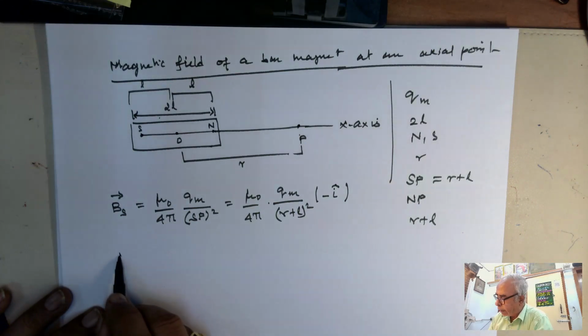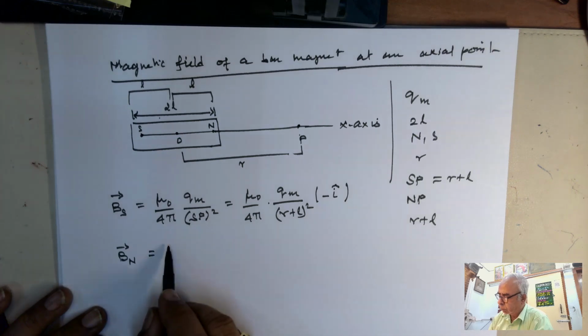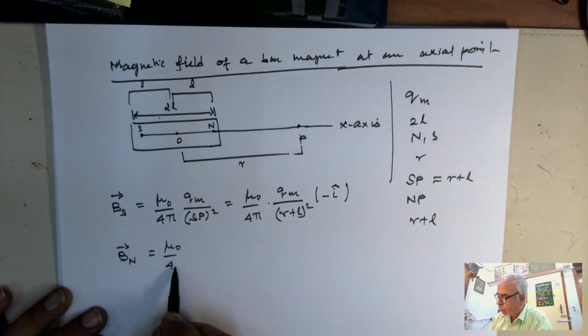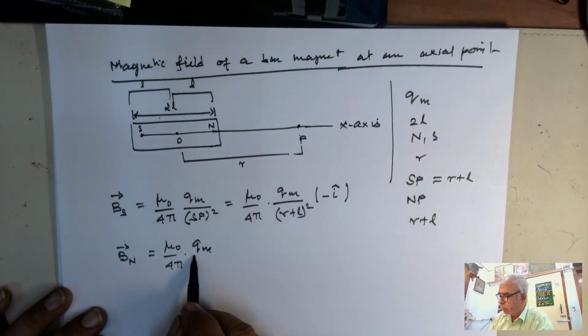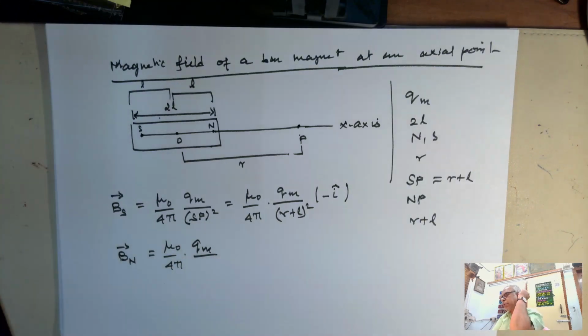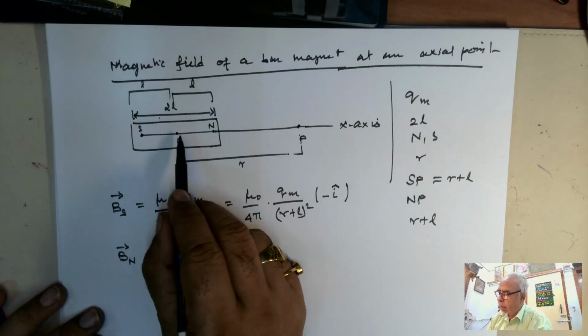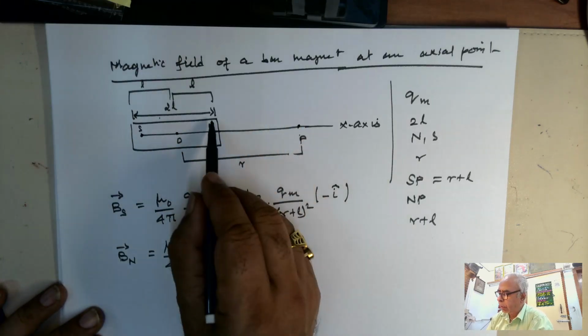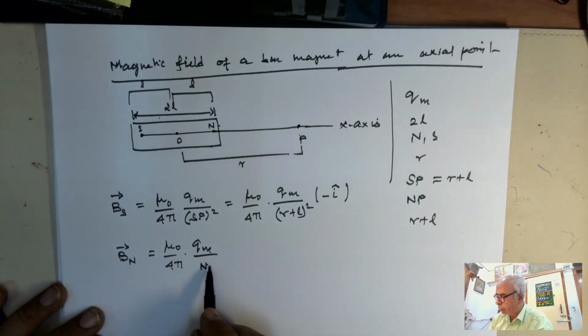Similarly, let us develop the magnetic field due to the north pole that is experienced at P, a vector. So mu naught divided by 4 pi into Qm, the magnetic pole strength, divided by NP, this distance from the north pole, NP square.